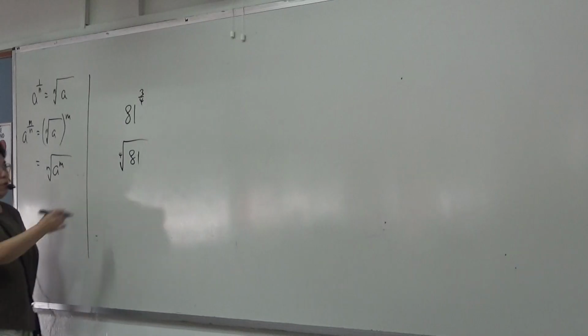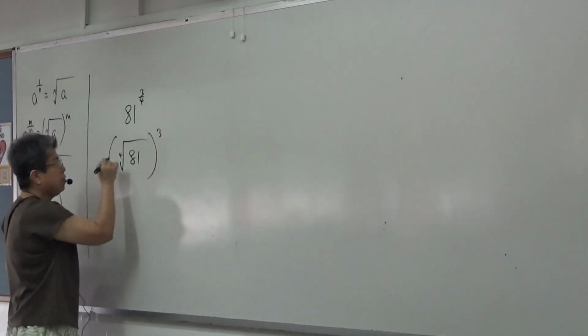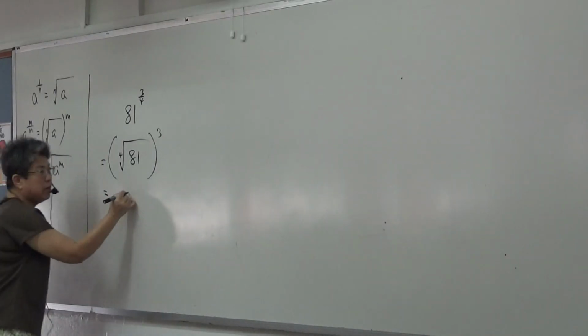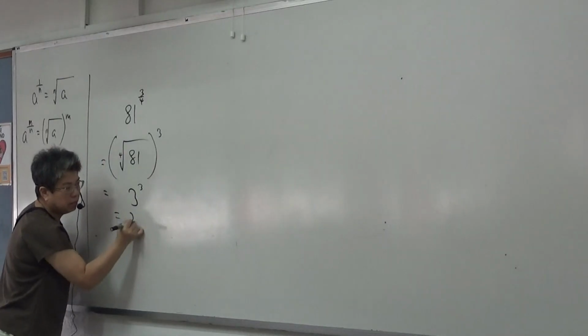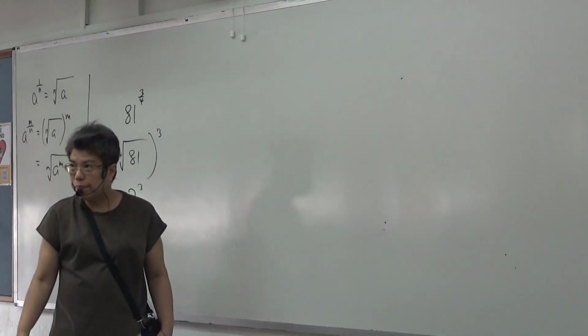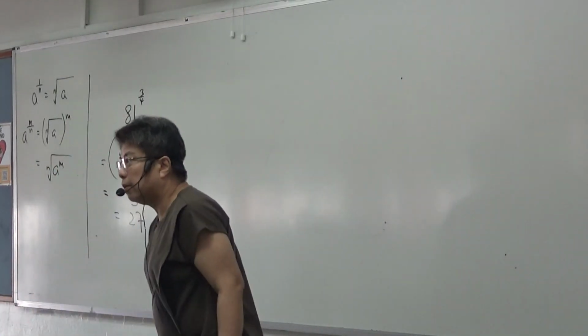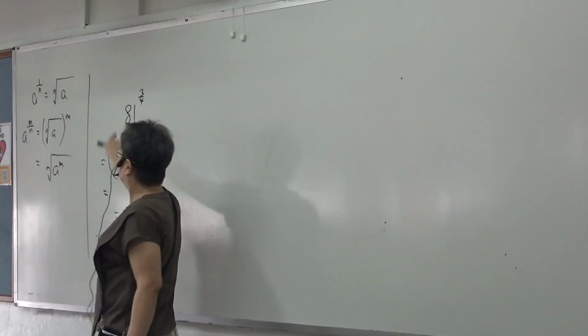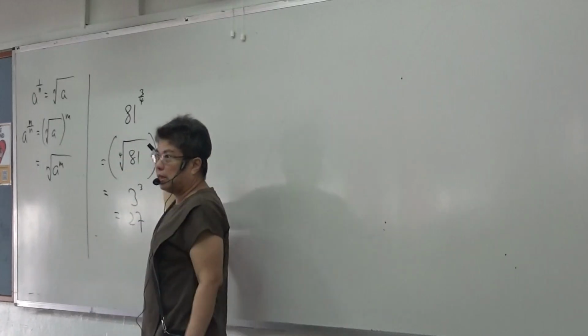Correct. Raised to power what? 3. Do you agree 4th root of 81 is actually 3? So this is actually 3 to the power of 3, answer 27. Okay? As here, this numerator is always the root, the number on top is always the power.